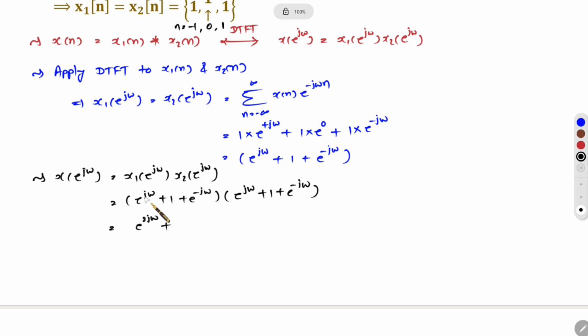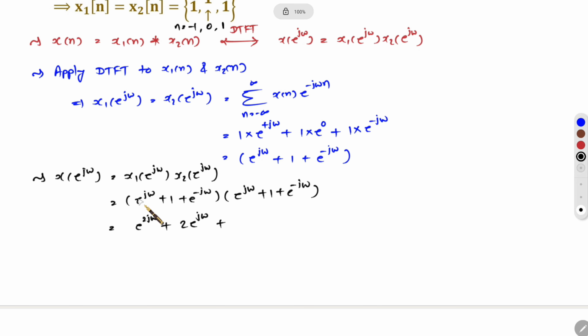So e to the power j omega into 1, and this e to the power j omega into 1, means 2 times e to the power j omega, that is the coefficient which is there with e to the power j omega. Now e to the power 0, that we need to observe. So 1 into 1, that is e to the power 0.